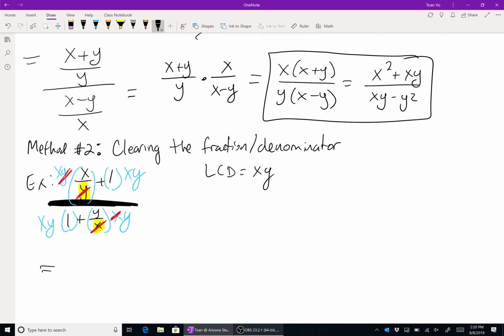So this equals what's left over here, x times x, which is x squared, plus what's left over here, 1 times xy, which is just xy, all over what's left over here, xy times 1, which is just xy again. Oh, sorry, I didn't copy it correctly. There should be a minus here.